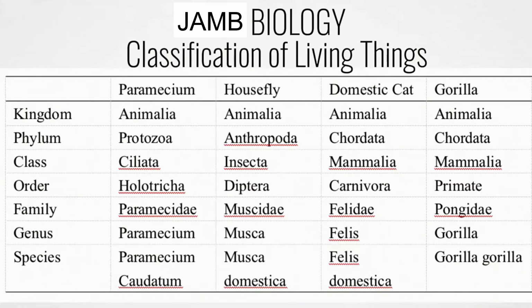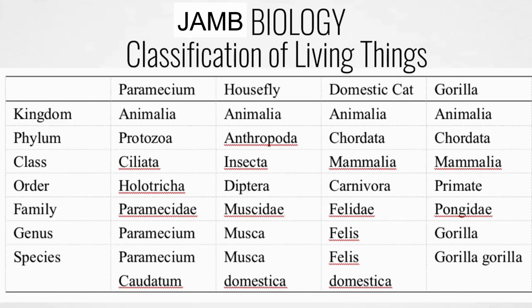Under the kingdom, paramecium belongs to the kingdom Animalia, same as housefly, same as domestic cat, and same as gorilla. But under the phylum, you will realize that they belong to different phyla.